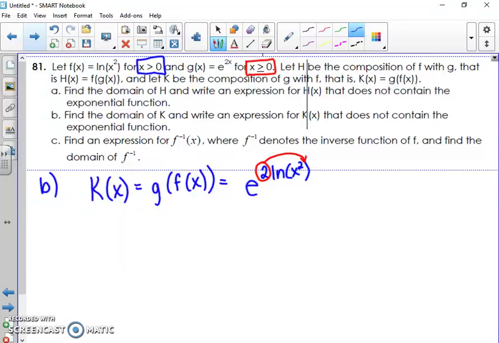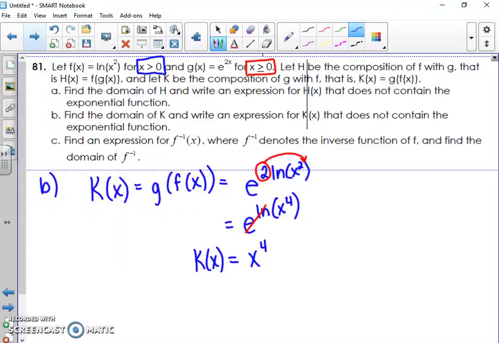Those are properties of logarithms that we can use there. So this is e to the natural log of x to the 4th power. Then e and natural log are inverses of each other, so we are just left with x to the 4th power. So k of x equals x to the 4th power.